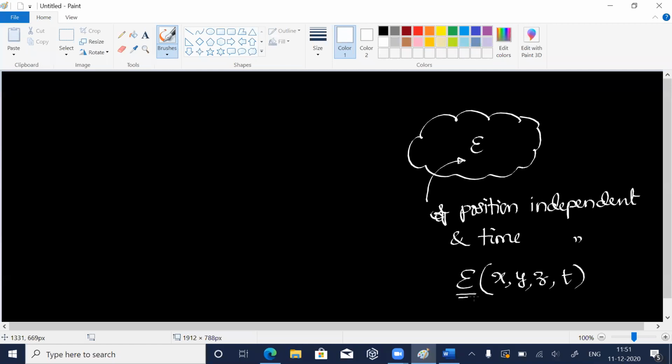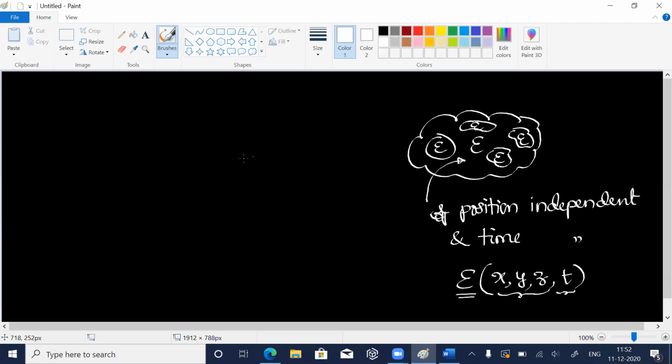Now epsilon is independent of space as well as time. That means wherever I go within this medium, subregion 1, subregion 2, subregion 3, subregion 4, I find the same epsilon. This is what a homogeneous medium means in simple language. So it will not disturb my linearity as well as homogeneity property.